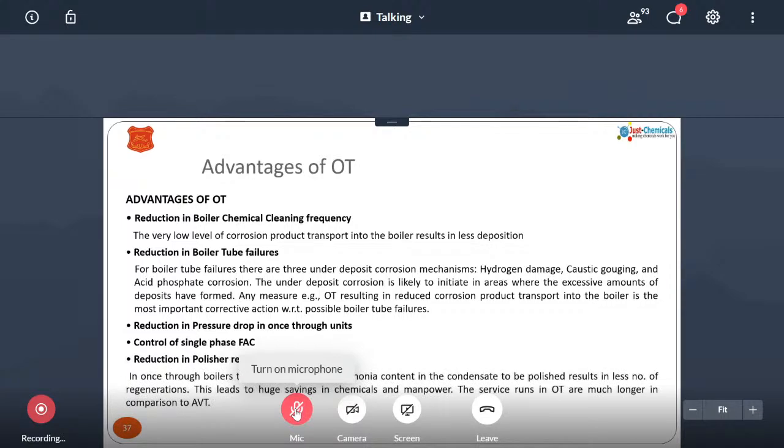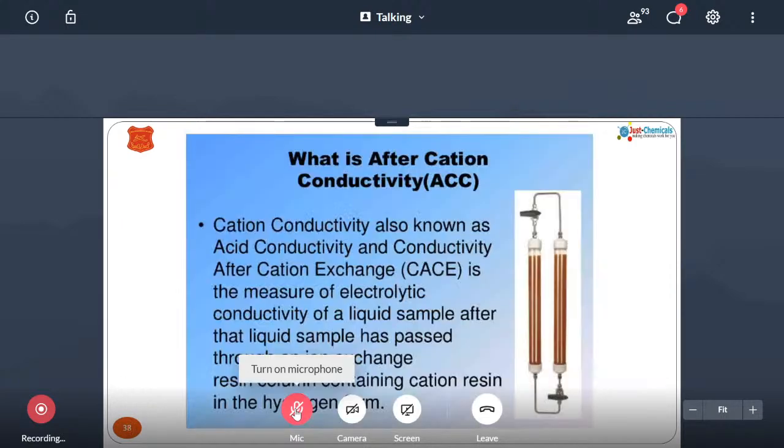Now we go to the next. This is the after cation conductivity, which is now being used in all of the plants. I saw it when I joined the company Powergen in the UK in 1999. I saw the cation conductivity measurement for the first time there.